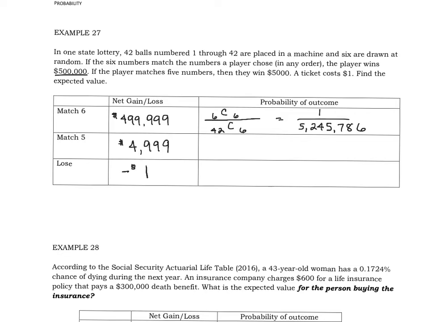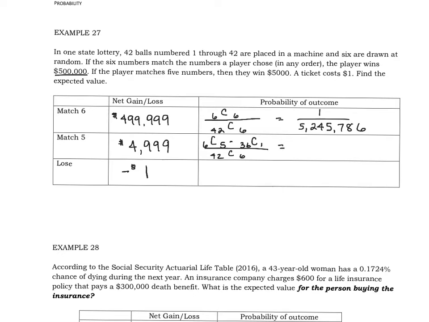So match 5. Again, it's going to be over 42C6. So of the 6 winning balls, you only match 5 of them. And then there are 36 left. You only are choosing one of those. Okay?